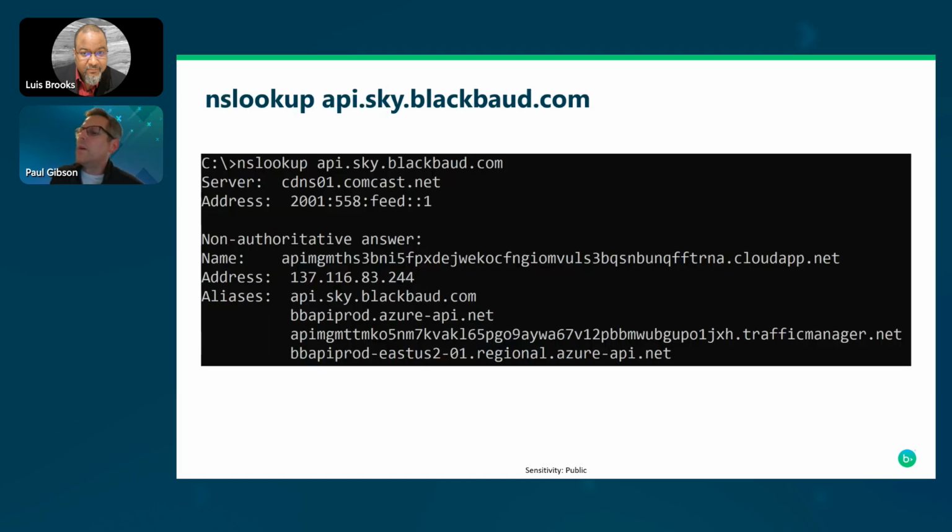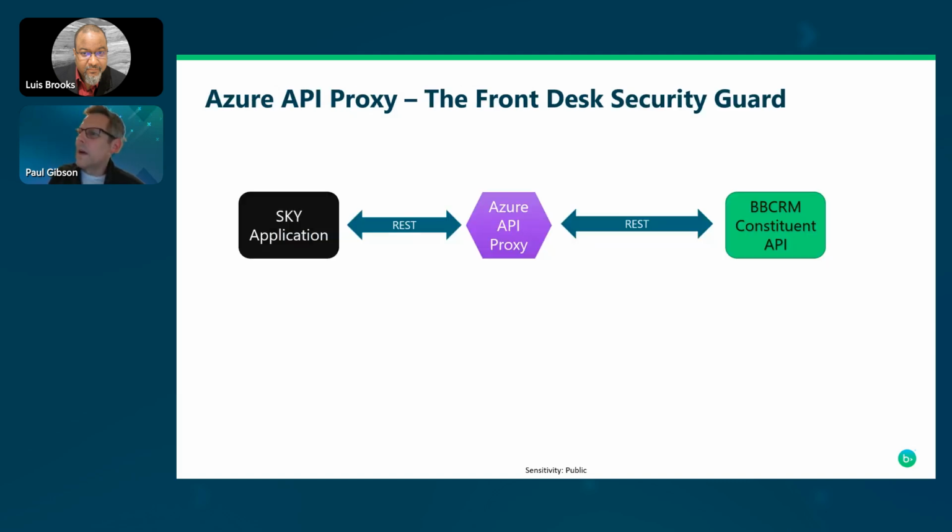Okay, so you'll see in these aliases, there's another few keywords in here, things like trafficmanager.net. So what that's showing you is that on your side, when your DNS resolves api.sky.blackbaud.com, what's really going to happen is that it's going to be resolved to something called the Azure SkyAPI proxy.